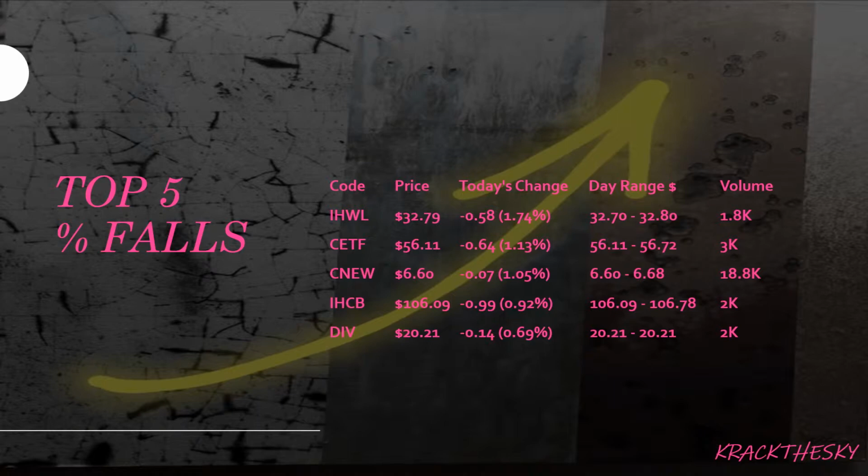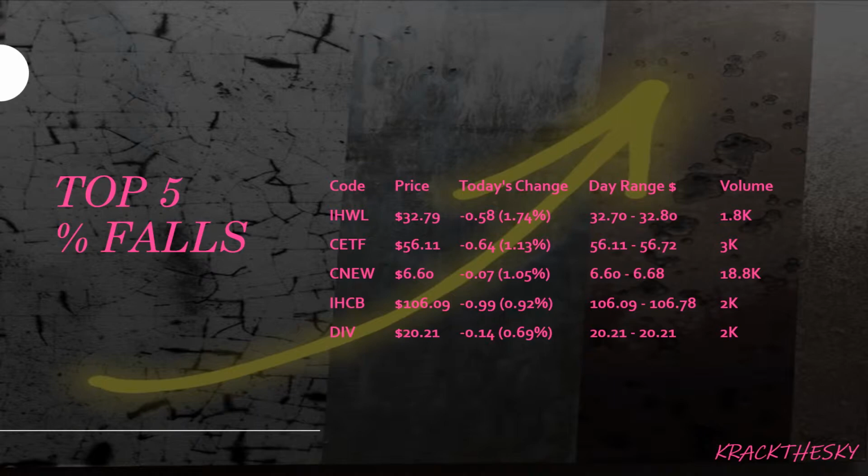So that one tracks the new economy type companies in China. IHCB, which is the iShares Core Global Corporate Bond. That's hedged to Australian dollar. So that one tracks fixed rate bonds issued by corporations in emerging and developed markets.